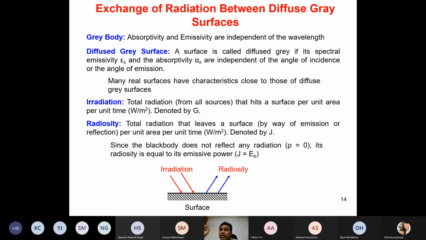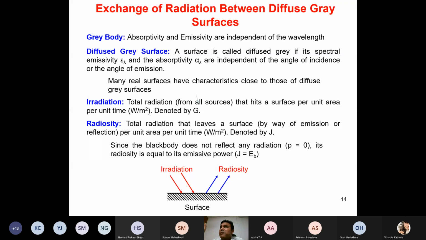So this is nothing but EB plus reflection, that is, reflectivity multiplied by the incident radiation. If you look at the perfect black body, it has radiosity the same as EB.